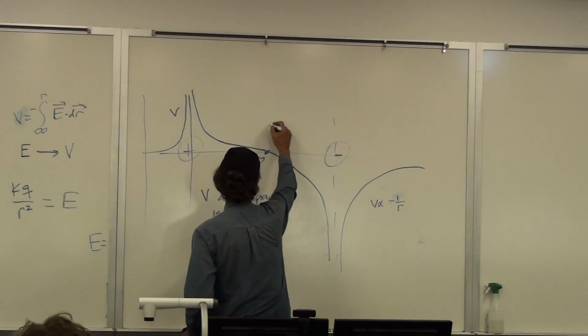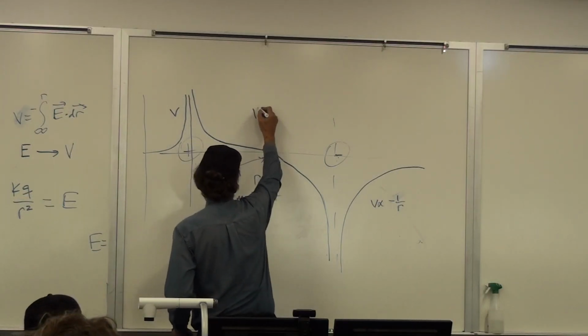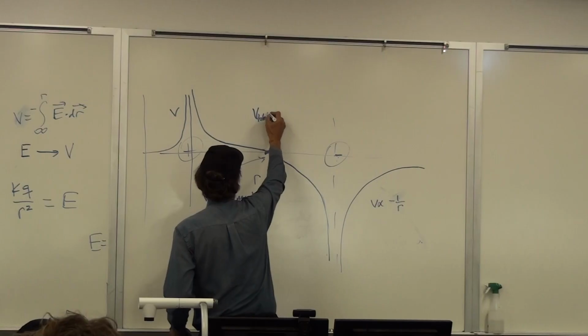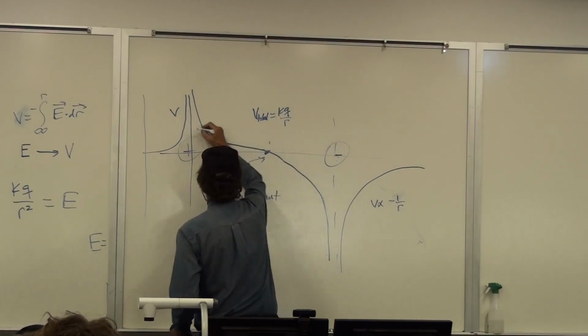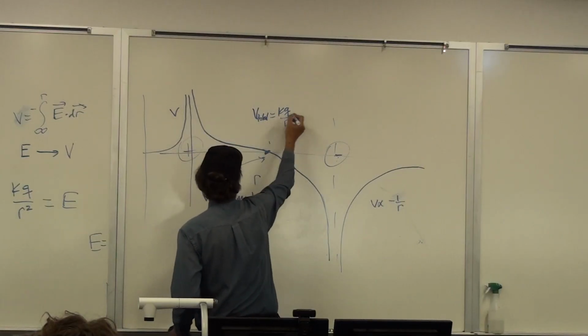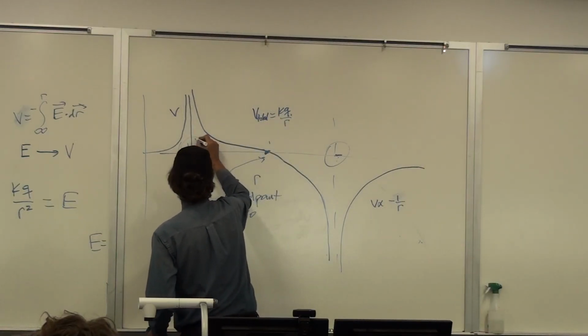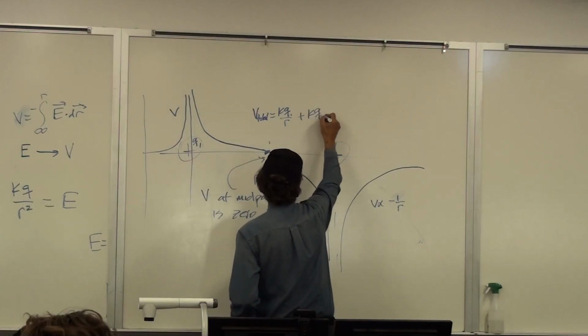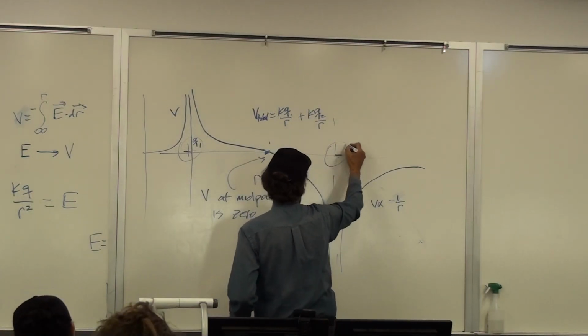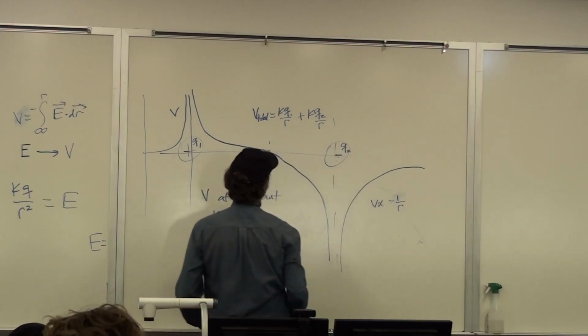And how do we do that mathematically? Well, if we want the voltage at this point, we'd say V total is equal to KQ1 over R, this is particle 1, plus KQ2 over R. This is Q2, but it's negative.